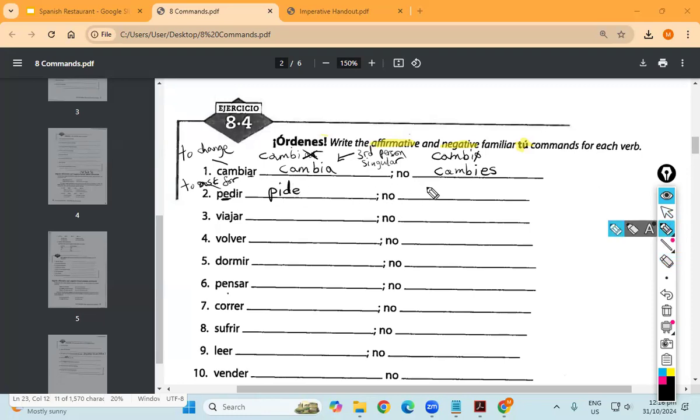Now for this one, we would start with pido as the O form, take off the O: PID. It's an ER verb, so I'm going to add AS. No pidas. Don't order anything for me. Right? All right. So you guys try 3 to 10, the positive and the negative.